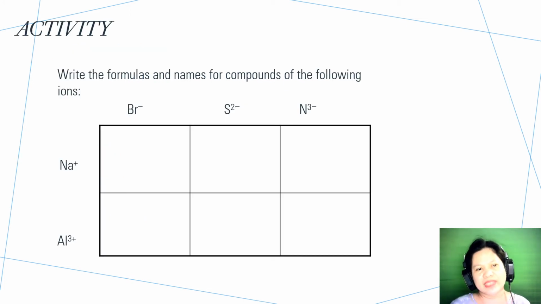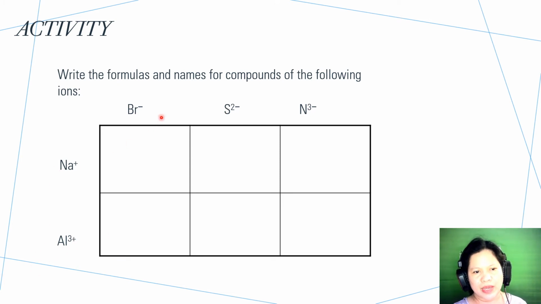Now, let's try this activity. You have there bromine, negative 1 charge. Sulfur has a negative 2 charge. Nitrogen has negative 3 charge. What is written on the other side is sodium, which bears a positive charge, and aluminum, which has a positive charge of 3.